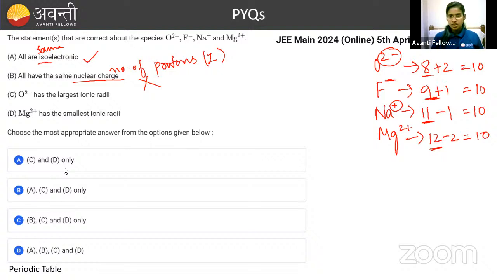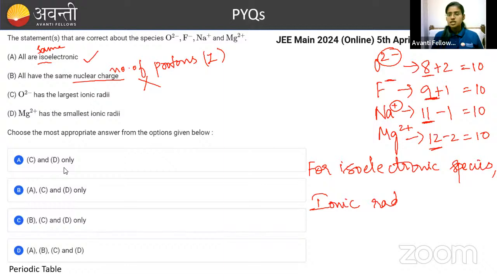For isoelectronic species, ionic radii is inversely proportional to the atomic number. Ionic radii is inversely proportional to atomic number. So all of you write this relation and keep this in your notebook.